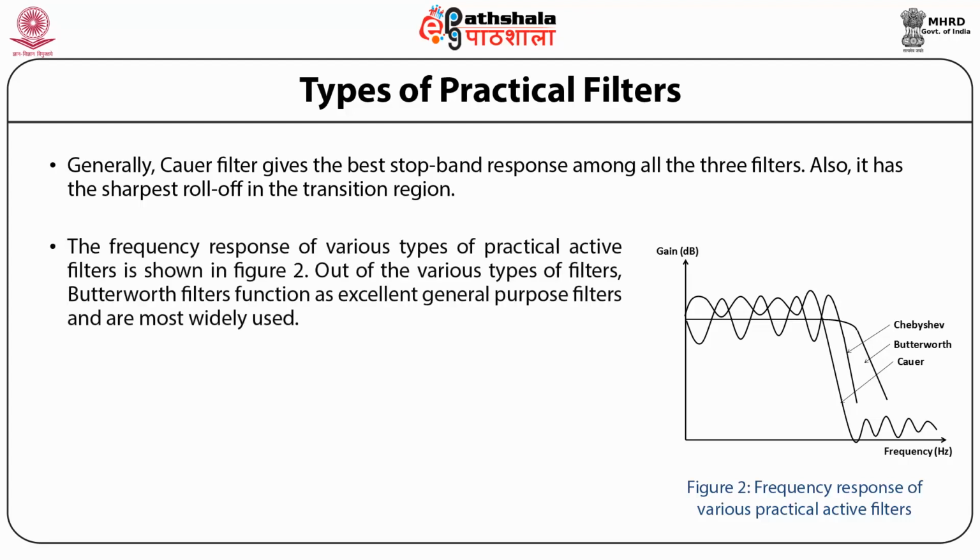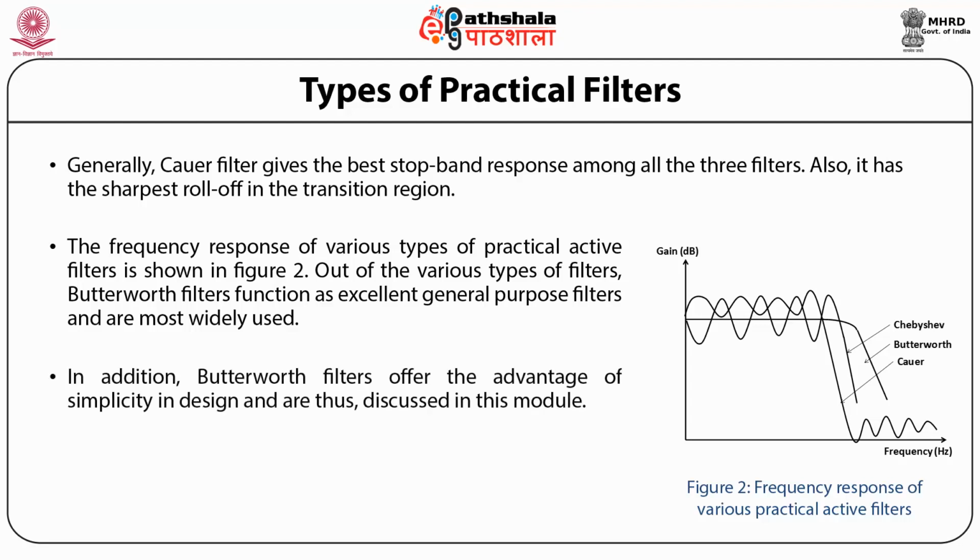The frequency response of various types of practical active filters is shown in the figure. Out of the various types of filter, Butterworth filters function as excellent general purpose filters and are the most widely used. In addition, Butterworth filters offer the advantage of simplicity in design and are thus discussed in the module.